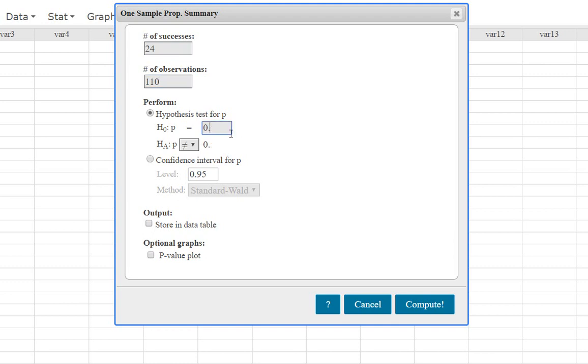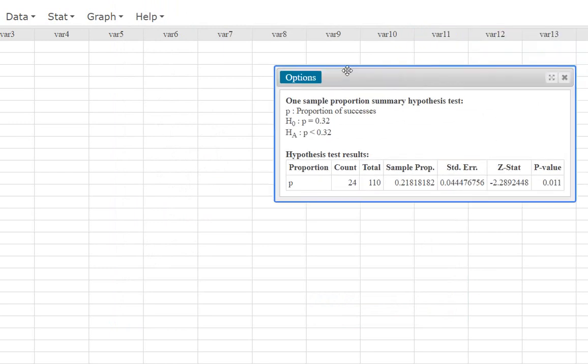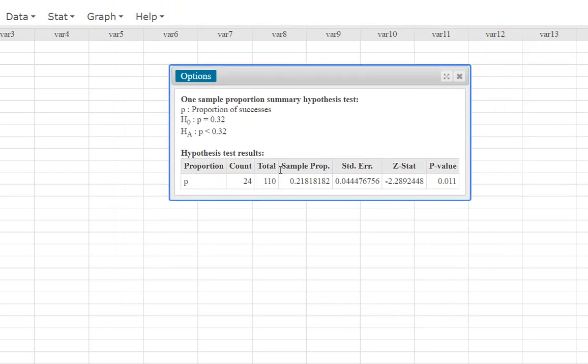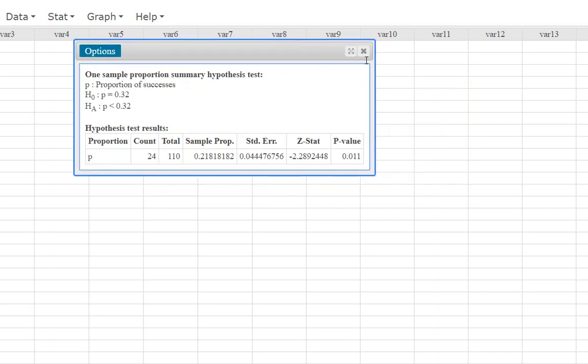And we thought that the original proportion was 0.32, and we wanted to see if rainbow trout had a significantly lower amount. So when we run this in StatCrunch, what we are going to find is our sample proportion is about the same. Our standard error is about the same. Our z-stat is a little bit different just because we rounded differently, and so is our p-value. Again, only because we rounded a little bit differently. But all of these values are very close.